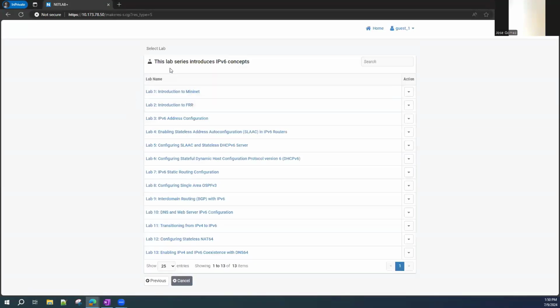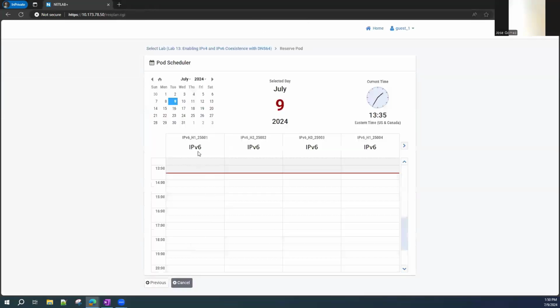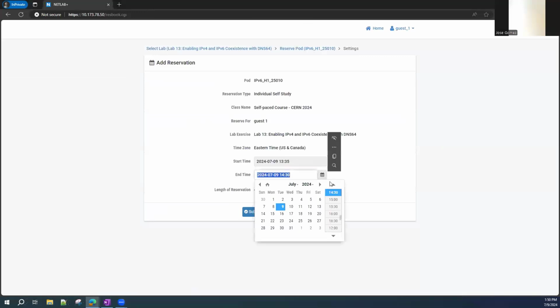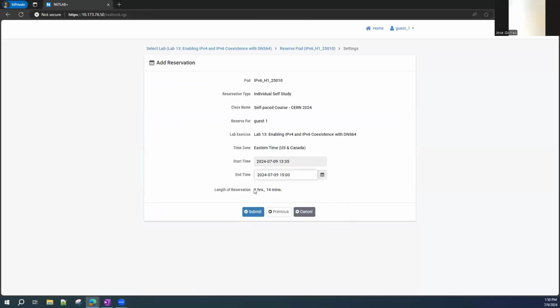You choose the lab series. In this case, it's showing IPv6, but for you it will be the P4 perfSONAR. You select the lab, the one you want to learn more about its topic. Make a reservation by clicking on the red line, specifying the time of the reservation, and you will have access to everything.